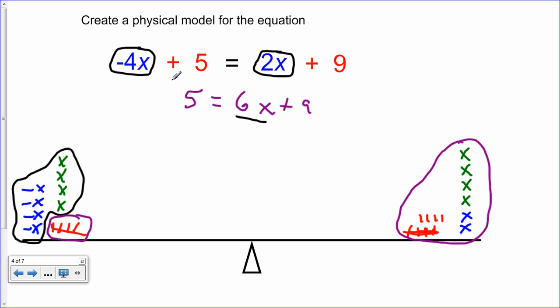I'm just going to ask you to think about this 2x is 6 more than that negative 4x. So those extra x's, the surplus, end up on the right side of the equation. We have a surplus of 6x's. Okay, and now we're in familiar territory, and we would use Xbox from here on out. Times 6 and then plus 9, and the result is 5.